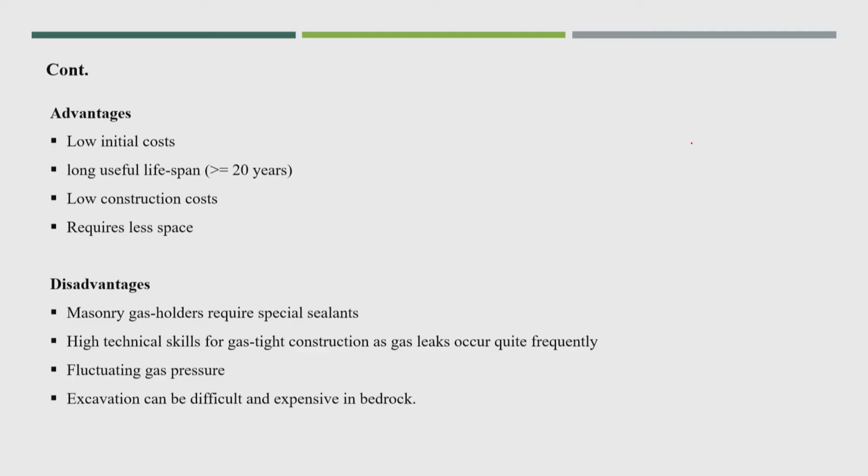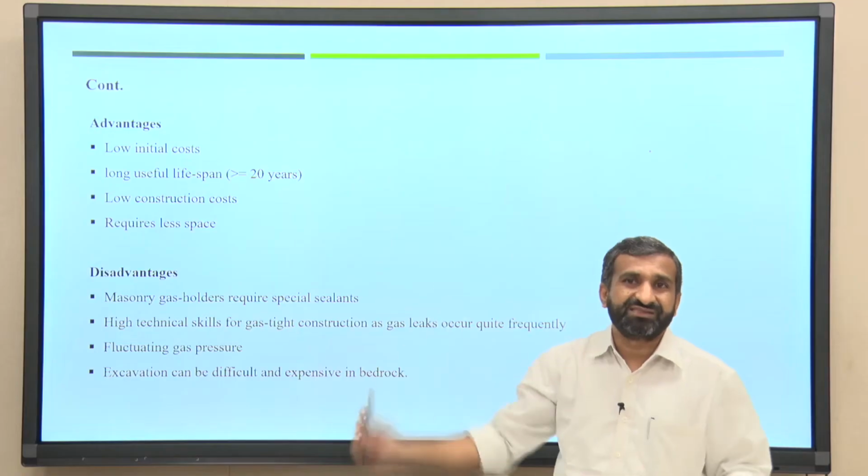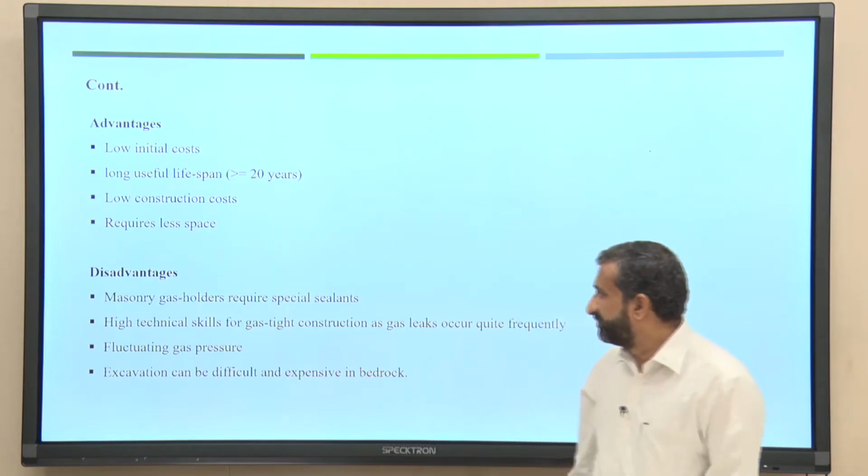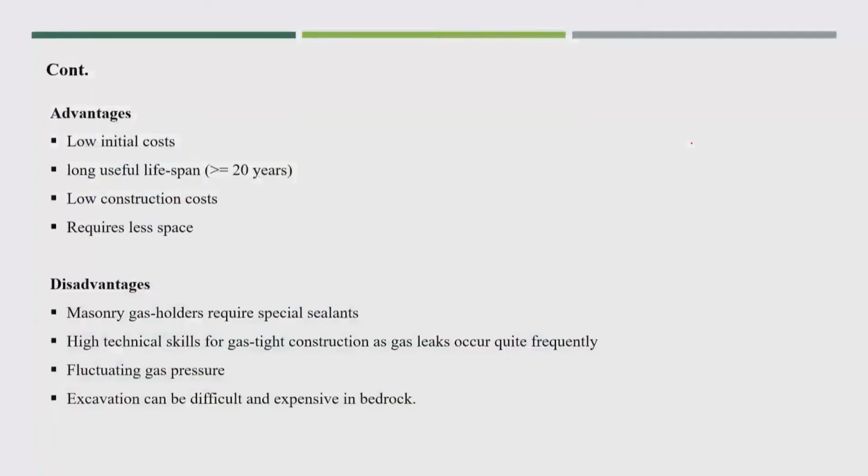But there are some disadvantages: the masonry gas holder requires special sealants, because along with the biogas production some water vapors also get produced. When you are putting the pipe, the moisture also will come out in the pipe, and because of that blockage of gases could be possible. High technical skills are needed for gas tight construction, and gas leaks occur quite frequently.